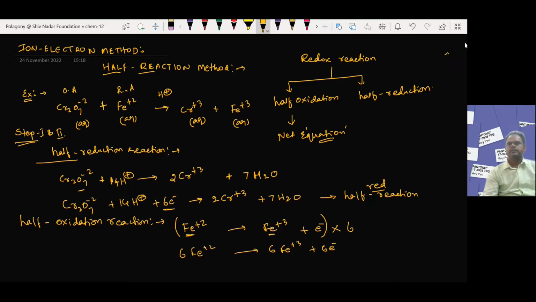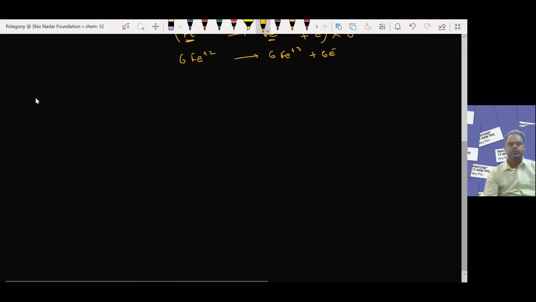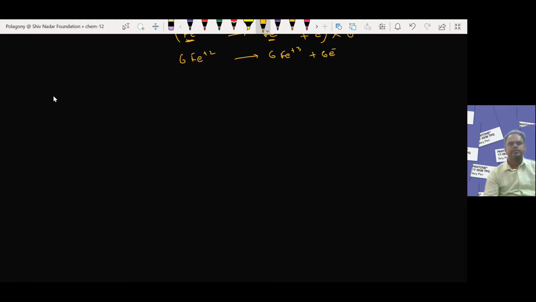After this, we must combine both equations. The balanced oxidation reaction is 6 Fe2+ changing into 6 Fe3+, giving 6 electrons.